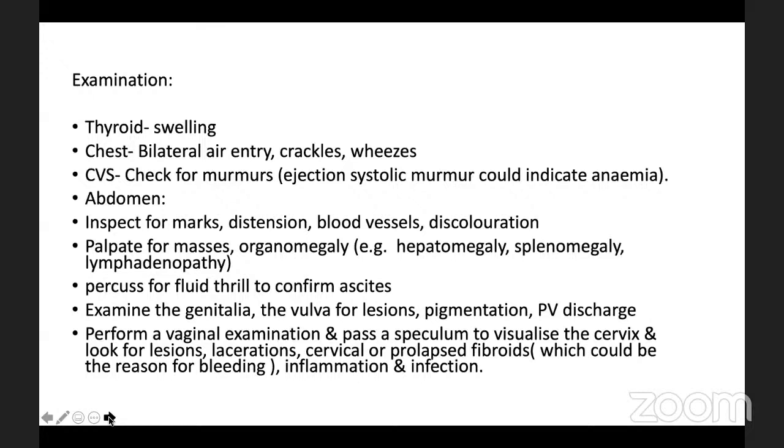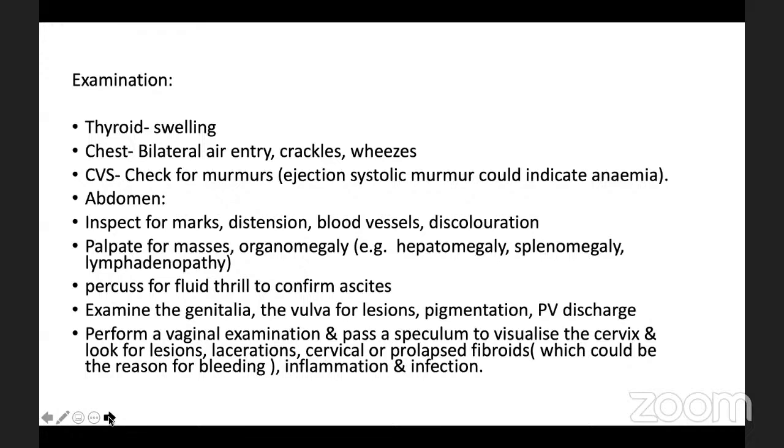Cardiovascular system, we listen to the heartbeat and then we listen for murmurs. We know that in patients with anemia, especially who have lost blood, we do get an ejection systolic murmur. Then it's going to assist us in terms of treatment for the patient. Then the abdomen. We inspect for marks, distension, any visible blood vessels, any discoloration.